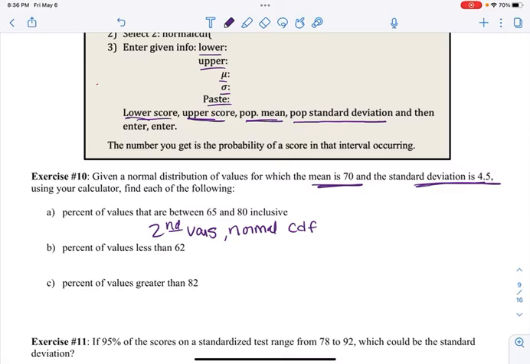Now when you do it, it's going to say the lower. The lower number is 65. That's the lowest. I want the numbers between 65 and 80. The upper number is 80. The mean is 70. And the standard deviation is 4.5. Okay, and then you're going to hit enter.